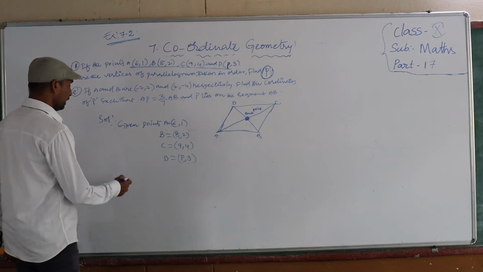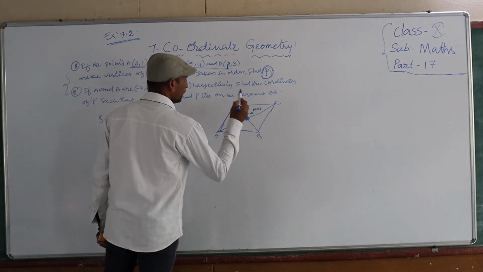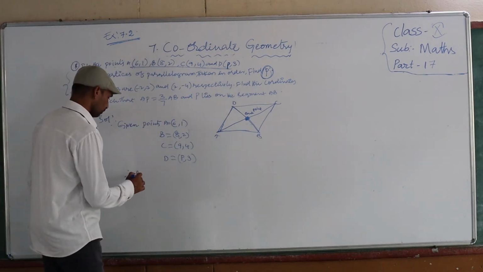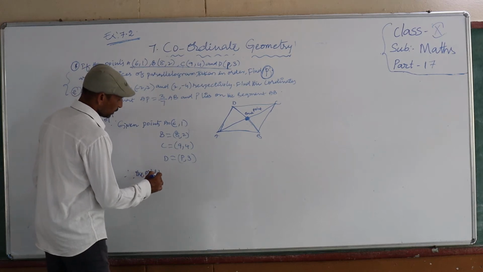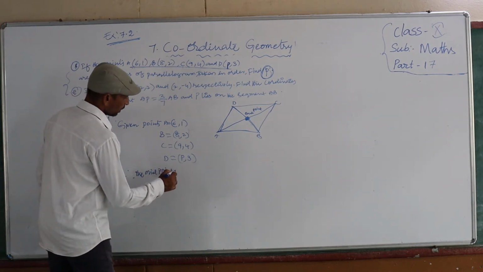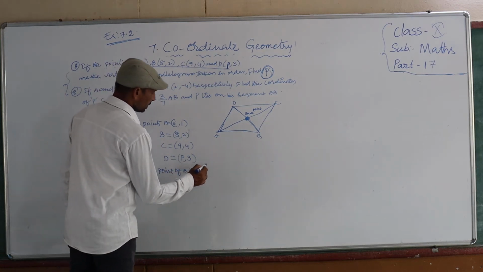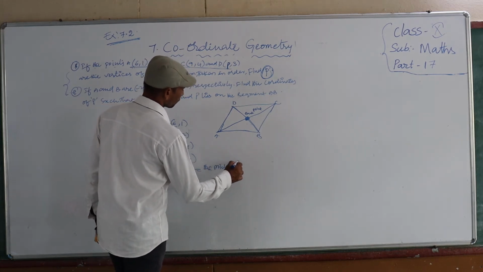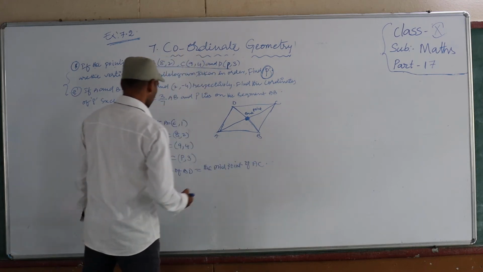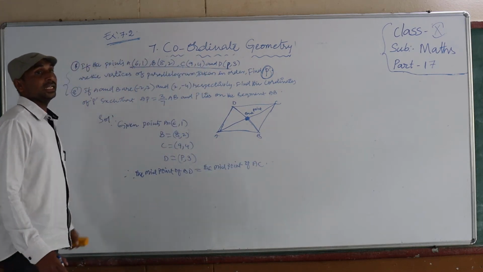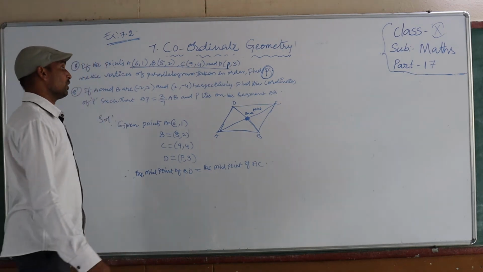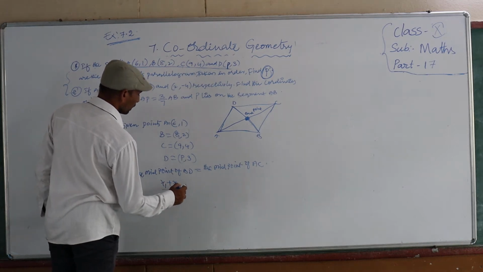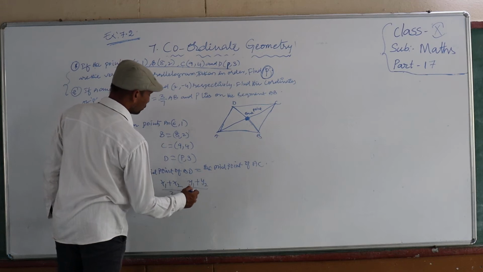So that means the midpoint of AC is equal to the midpoint of BD. Right. The midpoint formula we already studied in the previous class, first topic: (x1 plus x2) by 2, comma, (y1 plus y2) by 2.